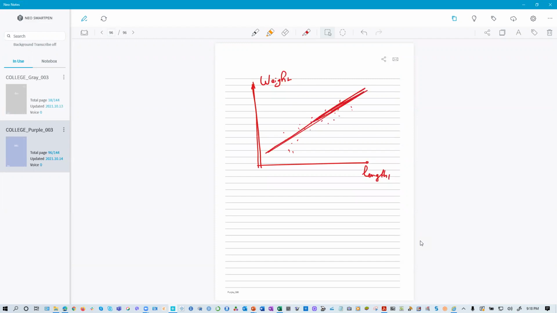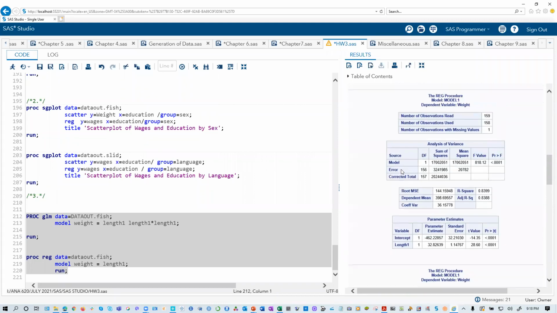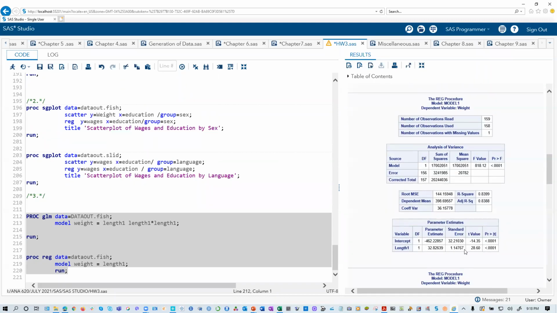You know how to write the baseline equation: y hat equals b naught plus b1x. That means the weight estimate. B naught is already over here, negative 462.22 or 23, plus 32.83 times length.